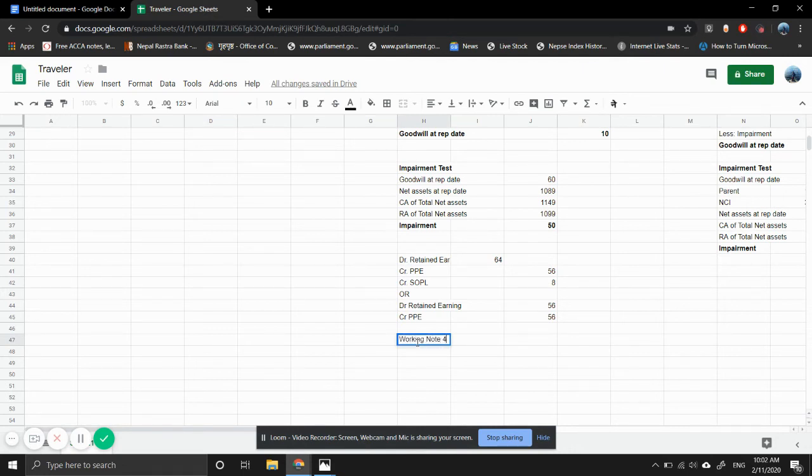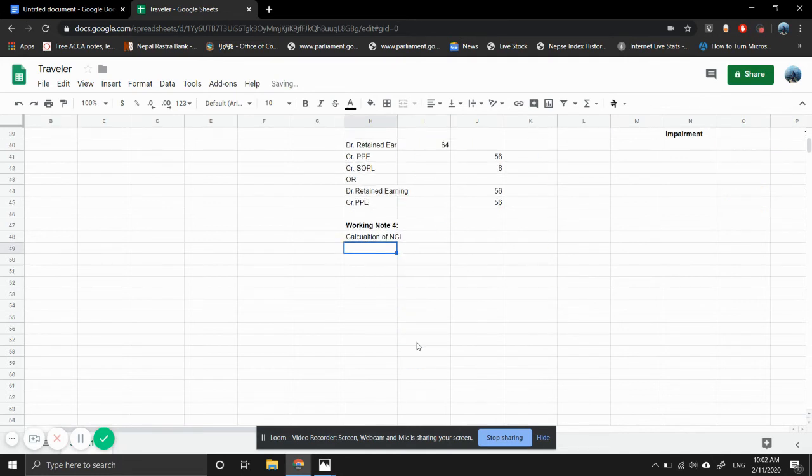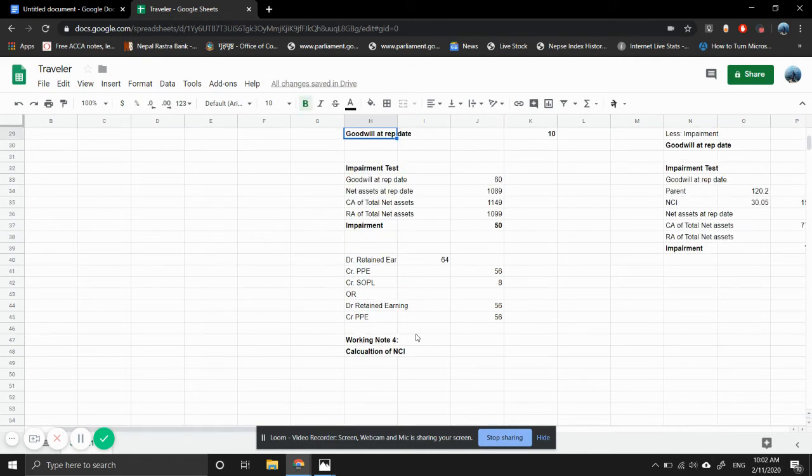Working note 4. Since we have two companies, always remember the calculation of NCI, right? So since we have two companies, what do we need to do? We need to calculate for both of them.